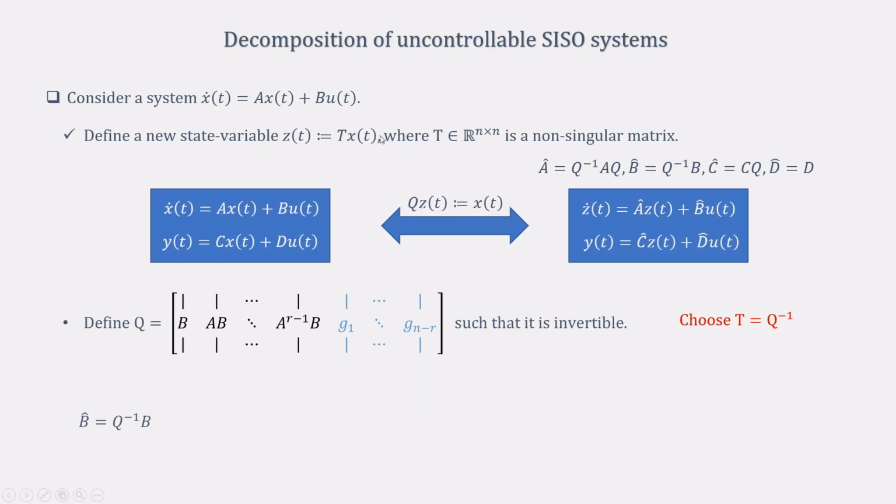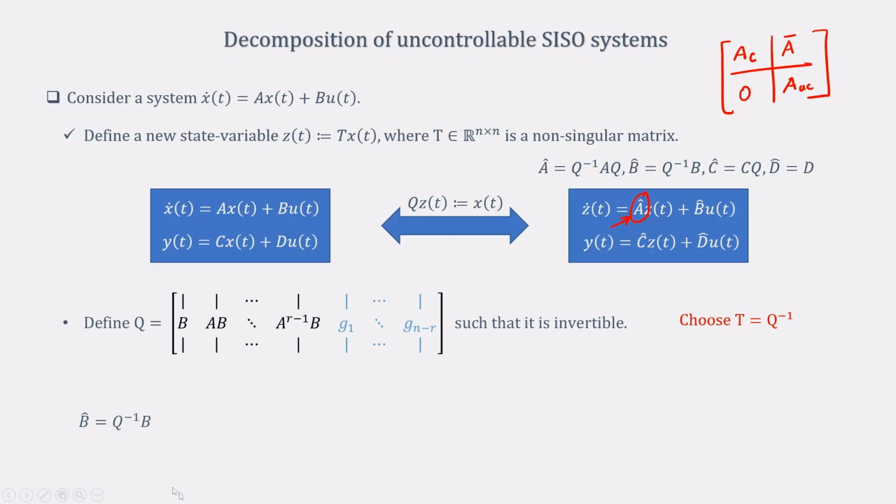Now, before that, let us look at what B hat will be like. A hat we have found out. A hat has a nice structure: AC, A bar, 0, AUC. This is the structure of A hat. Let us look at B hat. What is B hat? B hat is equal to Q inverse of B, right.